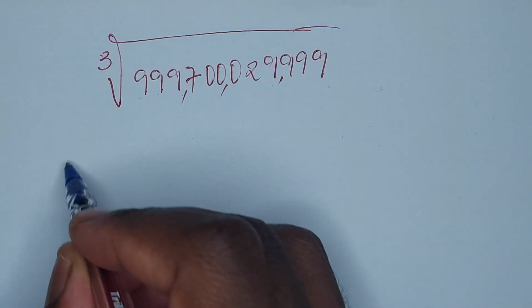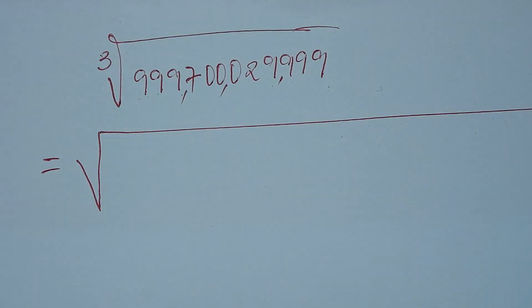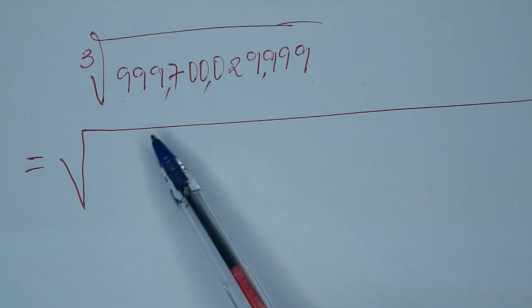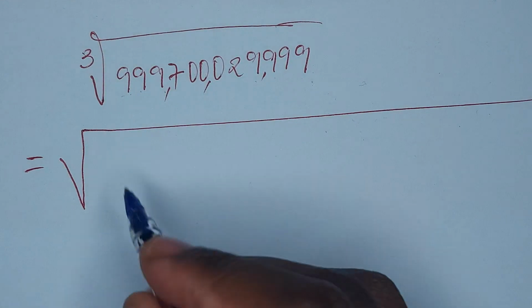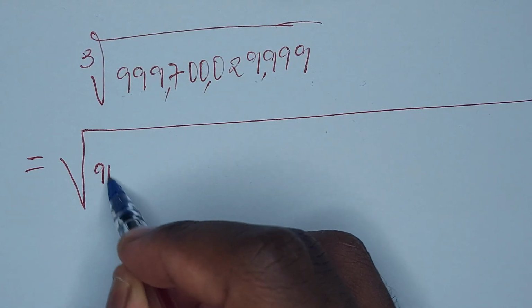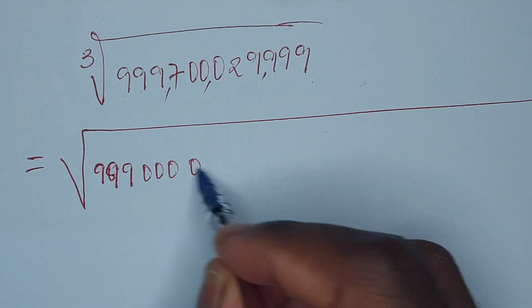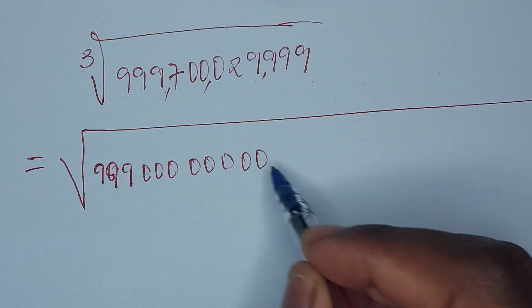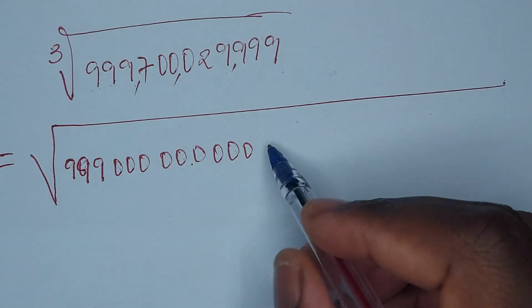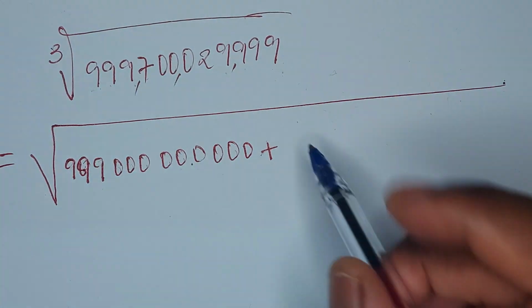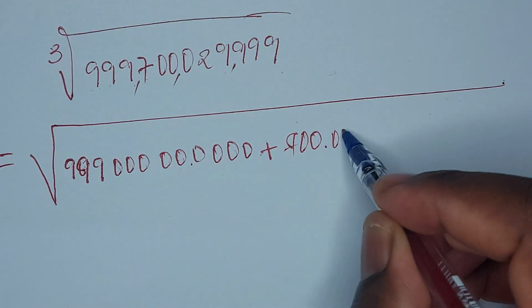So to solve this, guys, I'm going to write the cube root here. I'm going to write the 999 billion. Okay, so this is 9 9, and then 0 0 0, and then 0 0 0, and then 0 0. And then plus this 700 million.